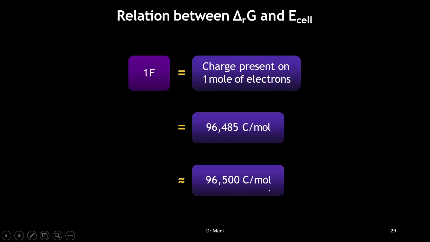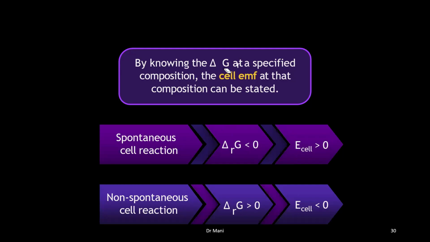So by knowing this delta rG at a specified composition, the cell EMF at that composition can be stated. Based on that, you can tell whether the reaction will happen spontaneously or non-spontaneously. Spontaneous reaction, how do we categorize that? When the Gibbs energy is less than 0, so negative Gibbs free energy, that results in E cell greater than 0, or you can say positive cell potential. Or you can say the cell is so motivated to do its own performance.